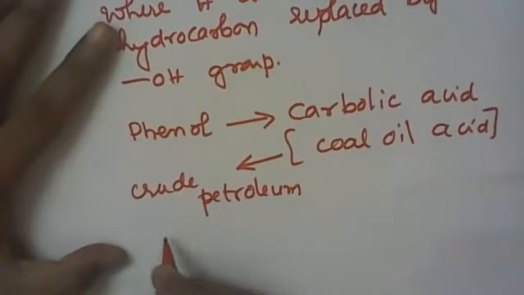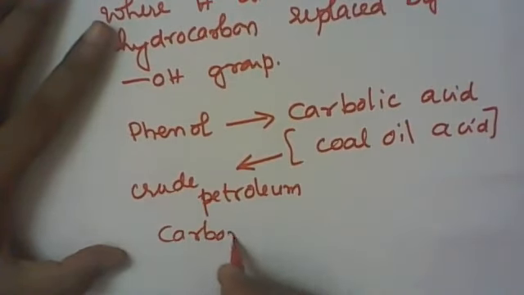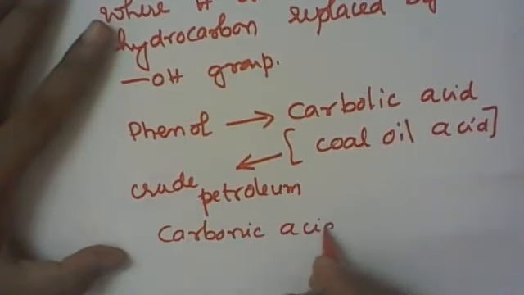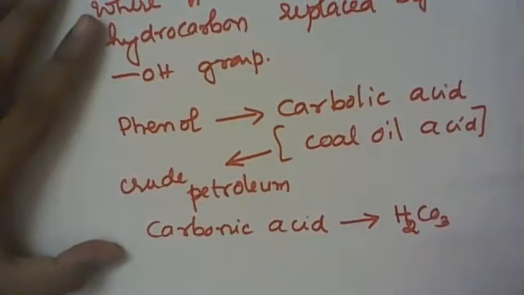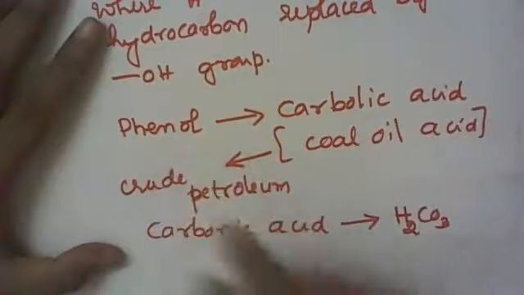We have got something called carbonic acid. What is this carbonic acid? Carbonic acid is an inorganic acid with the formula H2CO3.